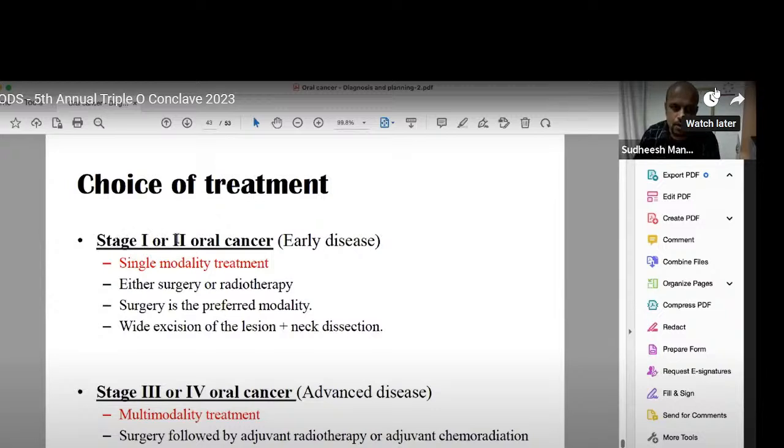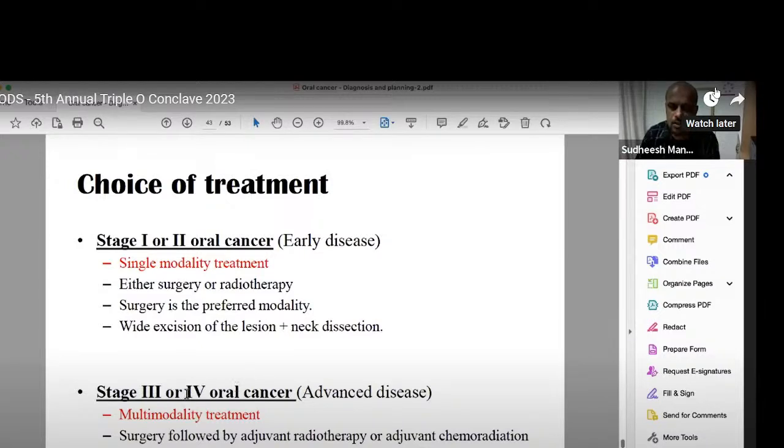For a stage 1 or stage 2 disease, that is early stage disease, the treatment is single modality treatment by either surgery or radiotherapy. We always prefer surgery as a treatment modality because it has got a better survival compared to radiotherapy and the morbidity is less. So surgery is preferred over radiotherapy for early stage oral cavity cancers.